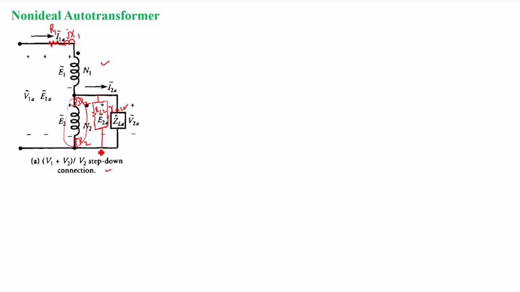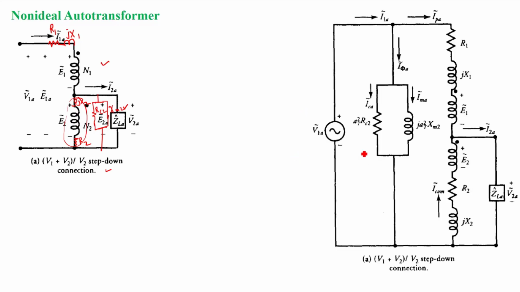Okay, so now if it is represented like this, how will the equivalent circuit of the autotransformer look? We can see here, right? This component which is on the secondary side can be referred to the primary side. If this parallel branch is referred to the primary side, then obviously I have to multiply by aT squared.